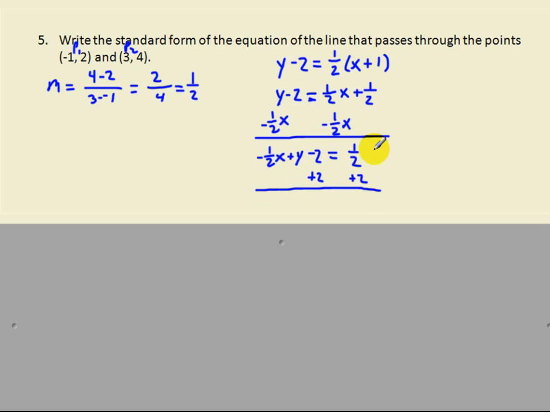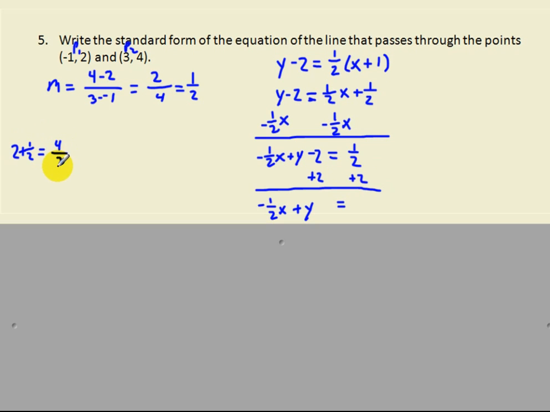Okay, and now of course, let's start with the negative 1/2 x plus y on the left hand side. Of course, if you're lazy, you might just say, well, 1/2 and 2, that's 2.5. Or you could say that 2 plus 1/2 is the same thing as, let's get a common denominator here, 2 over 1 is the same thing as 4 over 2.